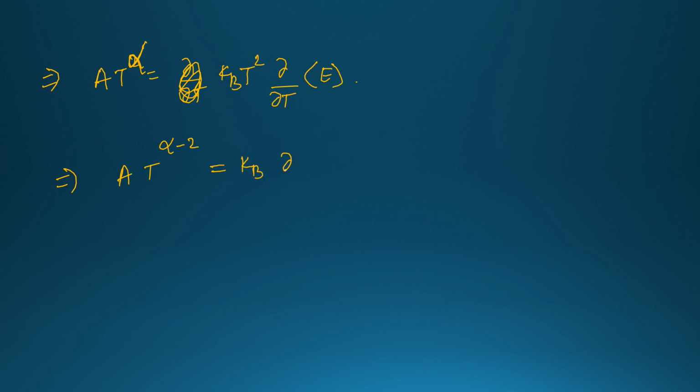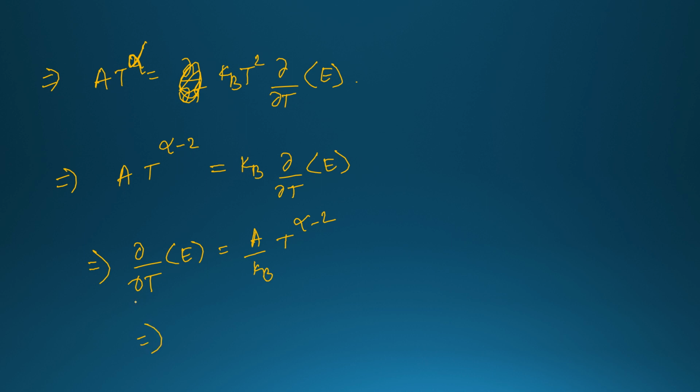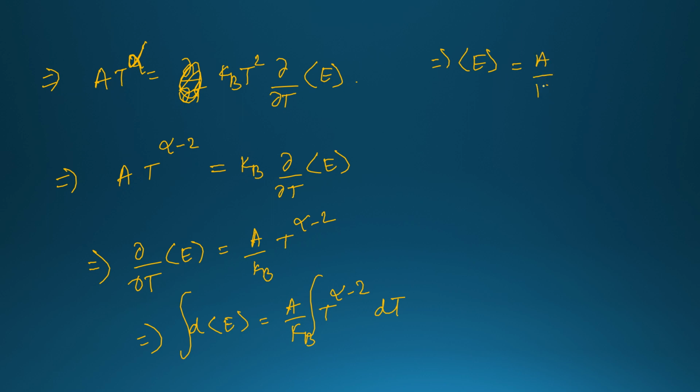Rearranging, del E by del T is equal to A by kB times T to the power alpha minus 2. Now I will take dT to that side, so dE is equal to A by kB times T to the power alpha minus 2 dT. Now if I integrate it, E is equal to A by kB times T to the power alpha minus 1 divided by alpha minus 1. So E is proportional to T to the power alpha minus 1.